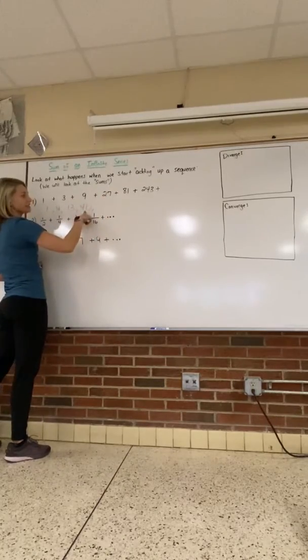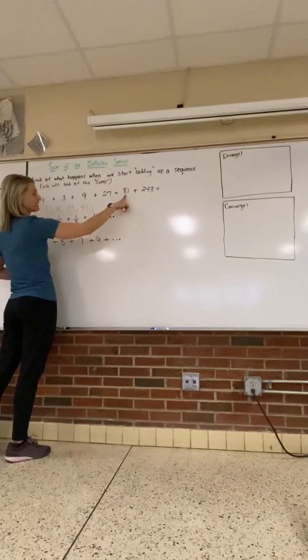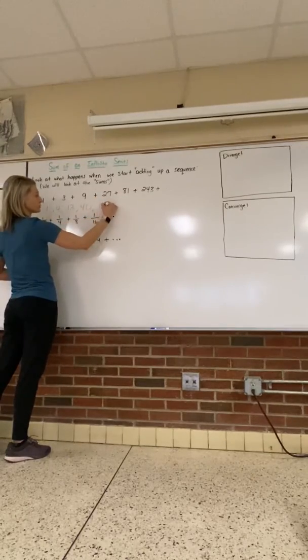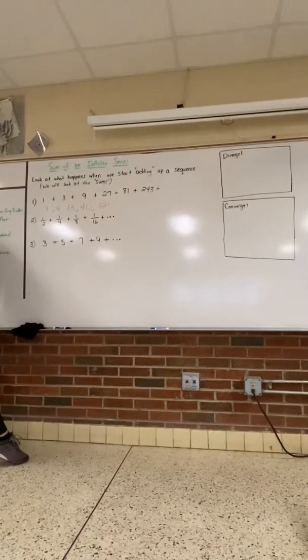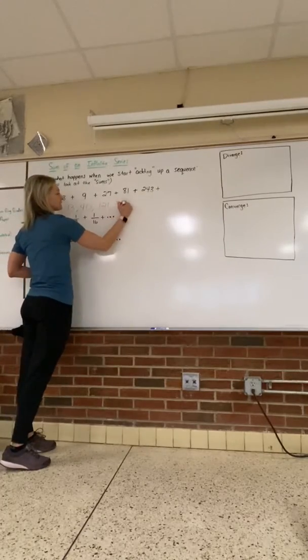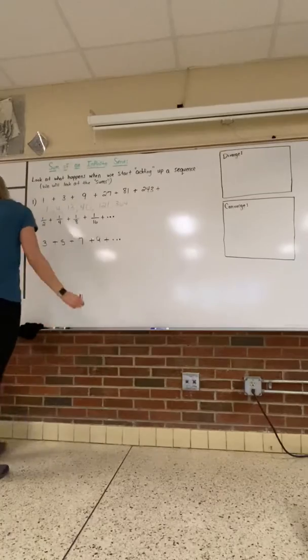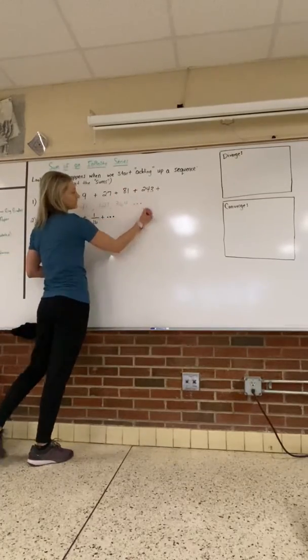So 40 plus the next term, 81, that would be 121. And then if I take that, plus the 243, which I could do, but I just want to make sure I don't make a mistake again, you get 364, and then again, if you continued it, you would keep getting the sums.